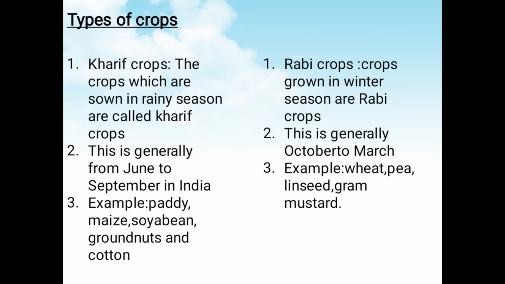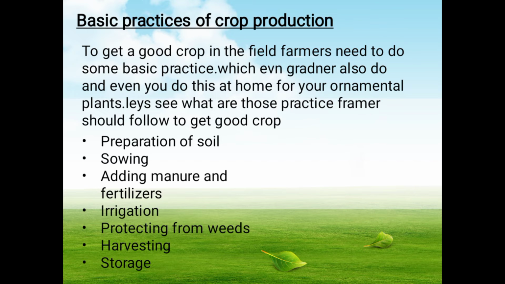So there are two types of crops: those grown in the rainy season, from June to September, are kharif crops, and those grown in the winter season, from October to March, are rabi crops.